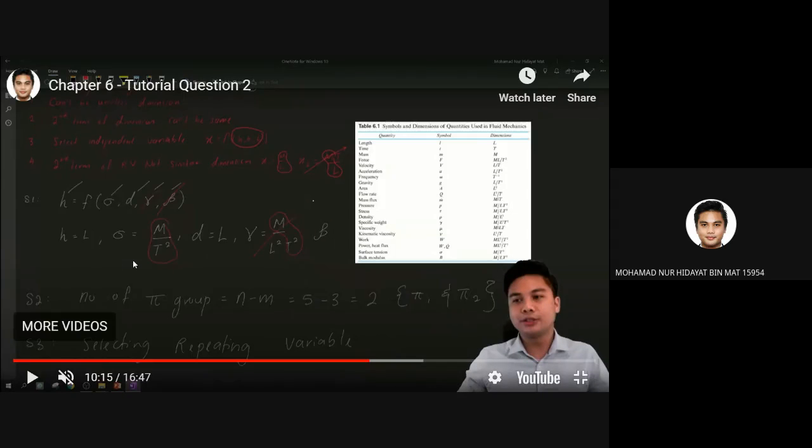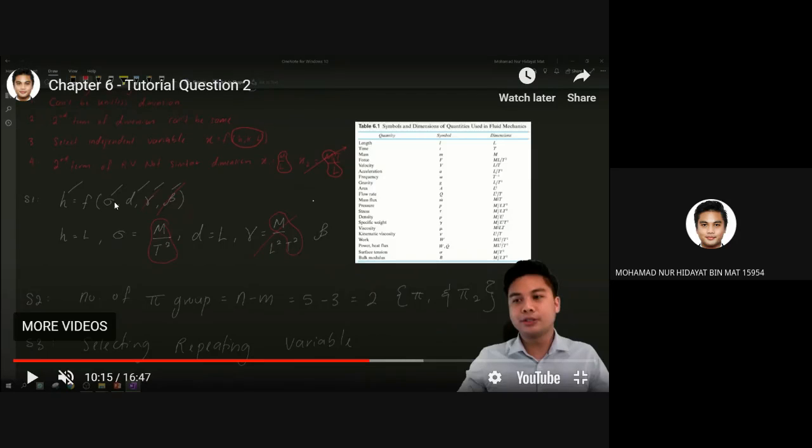So between these, we can select. Make sure our selection of repeating variables shall consist of all the MLT. If we don't have M, it will not be complete. If we don't have T, it will not be complete. So it should contain the 3 dimensions M, L, and T. First, we can select sigma.